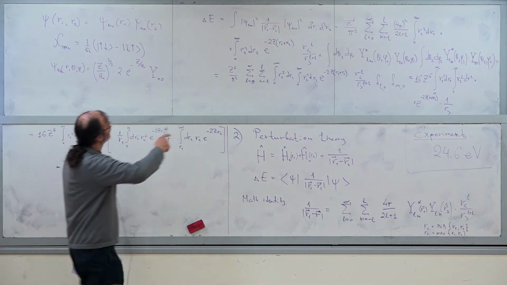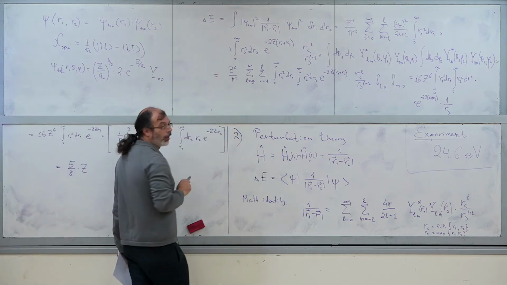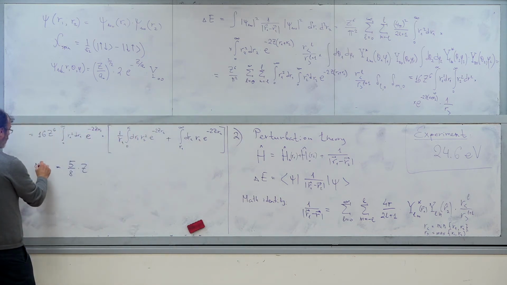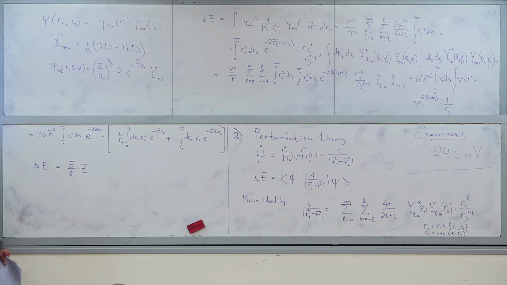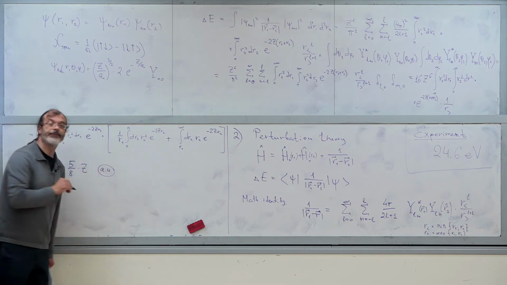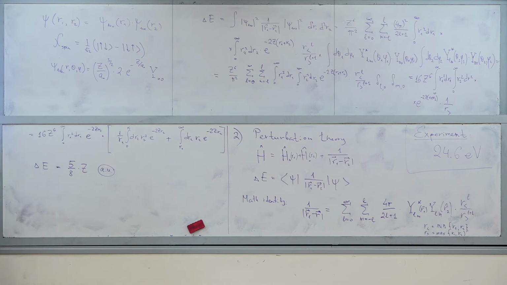So this integral, I remind you, is the calculation of the correction to the energy, right? So I can say that this is just delta E equal to 5 divided by 8 multiplied by z, in atomic units. So that's the contribution of the perturbation theory.